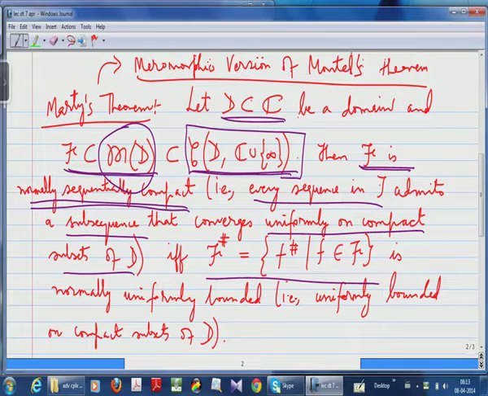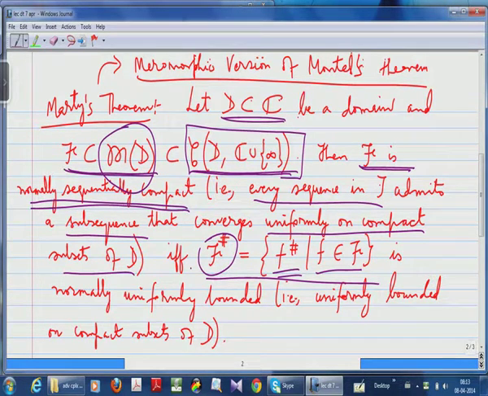So this is what compactness for us means, and Marty's theorem says that this is the same as the family of spherical derivatives of F being normally uniformly bounded. Namely, for each small f in script F, you take its spherical derivative f hash, and you get this family script F hash.